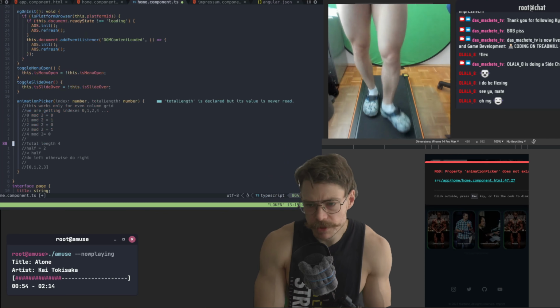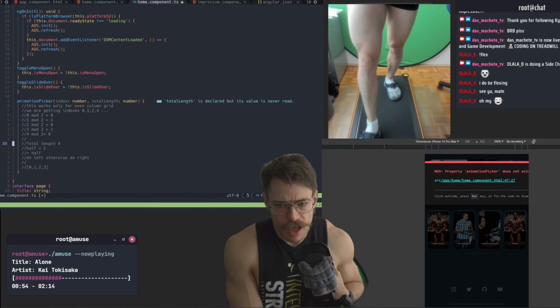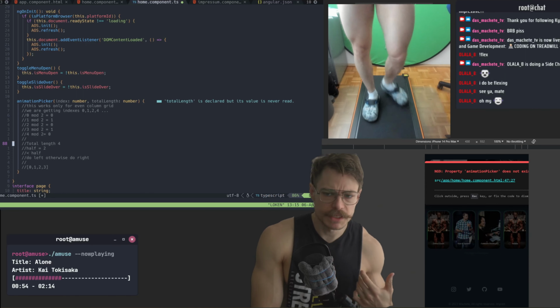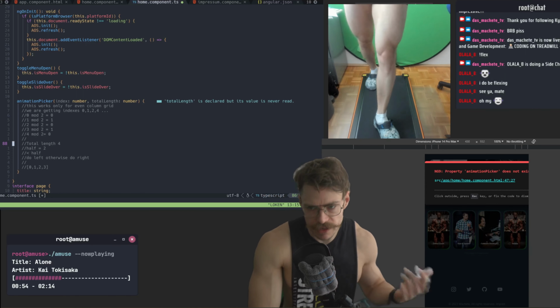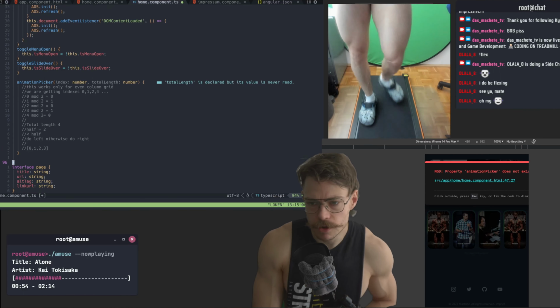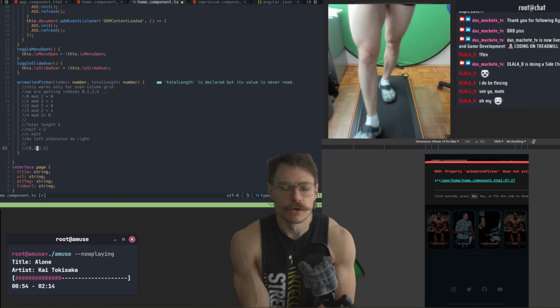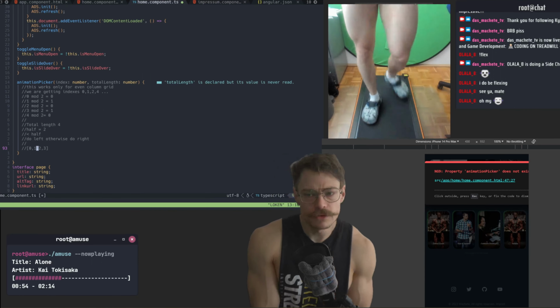So what we will do is say, okay, we got the total length of 4 in this example, and half is 2. If the element index is smaller than the half, we are on the left side, otherwise we will be on the right side. By the way, I use Neovim. So 0 and 1 on the left side, and 2 and 3 on the right side.